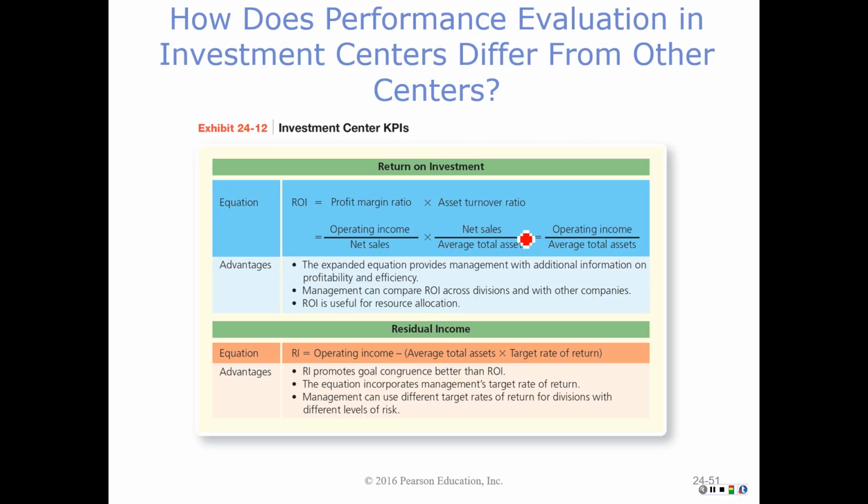And so we just need to think about what are the situations that would improve our return on investment? Well, we either have to improve our operating income or we have to minimize our total assets. And minimizing our total assets means we may be avoiding the investments that could help us to generate more revenue, that may be a bad short-term decision that impacts us in the long term.